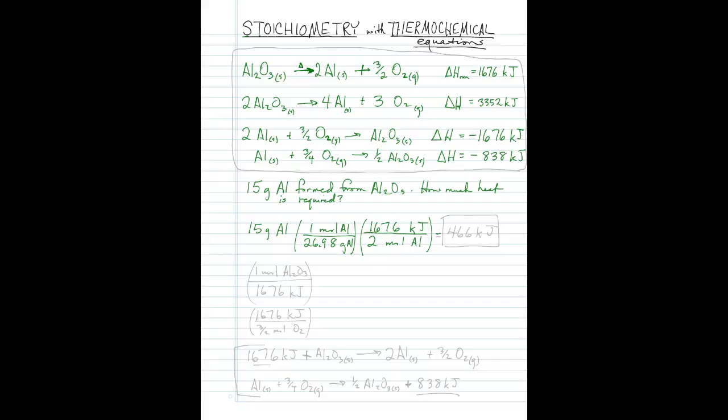oh goodness, so hard to read the decimal point on this silly calculator I have. I need a better calculator. 466 kilojoules. Now, does this amount make sense? Let's look at it. Okay, if we have 15 grams, that's kind of sort of about half a mole, and we know that we're going to get about 1,600 kilojoules out for 2 moles.